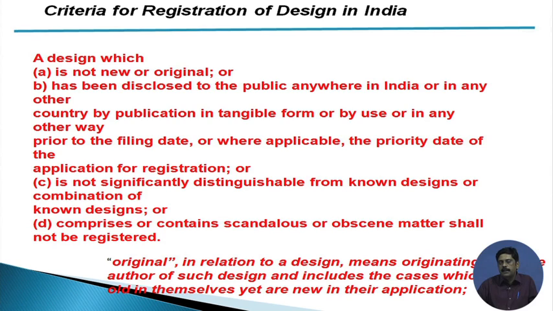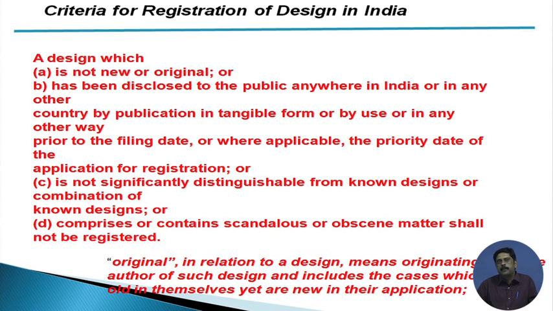I referred already, it originated from the author. He got the idea to give the pattern of Royal Bengal tigers on the school bag. So if on the school bag the Royal Bengal pattern is new and original, then definitely it will qualify to be registrable under industrial design rights.